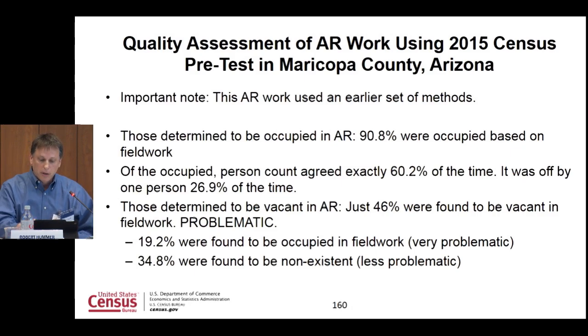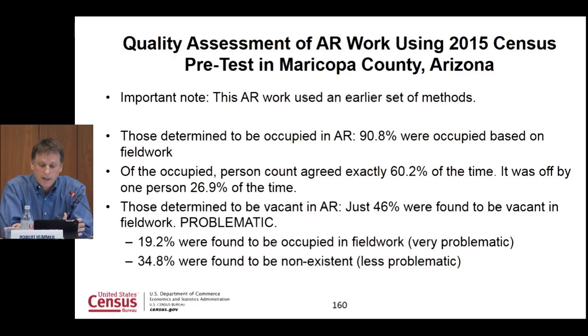Okay. So going back to 2015, there was the test in Maricopa County in 2015 that I don't think you mentioned here, but it was in the paper. This administrative work used an earlier set of methods. Of those determined to be occupied in the administrative records, 90% were actually occupied in the field work. So that seemed to be really good.